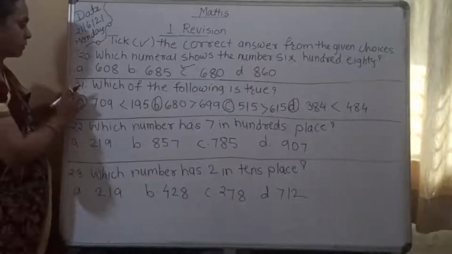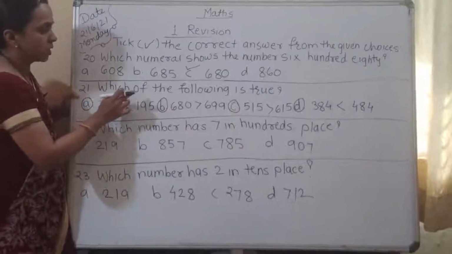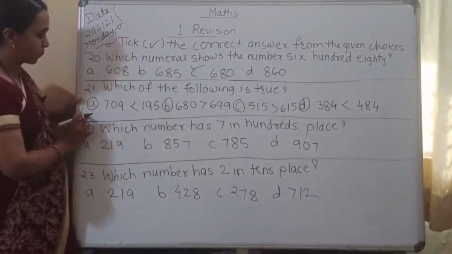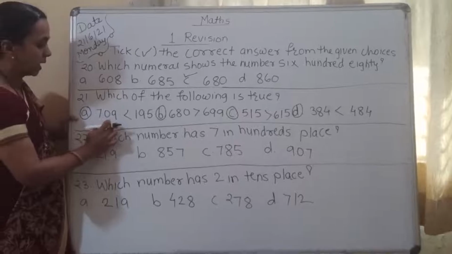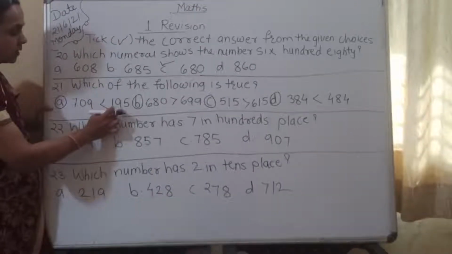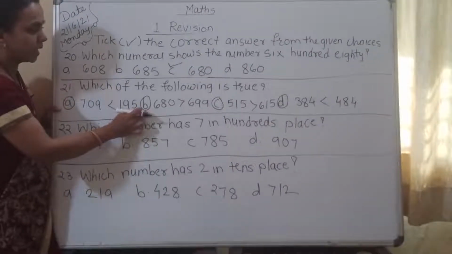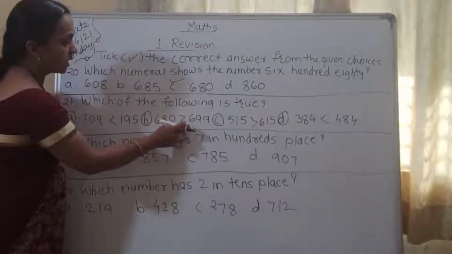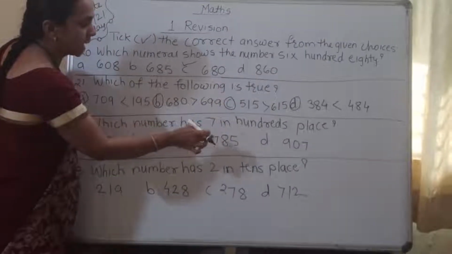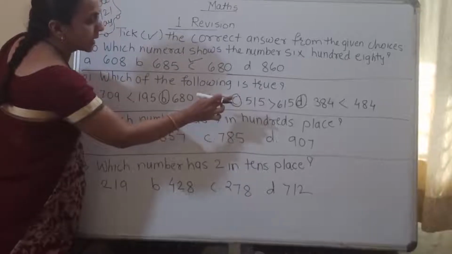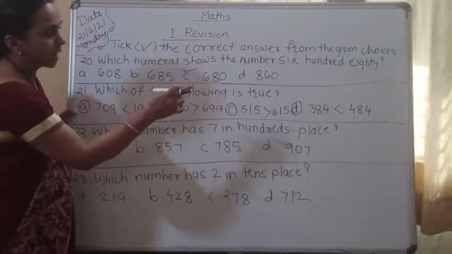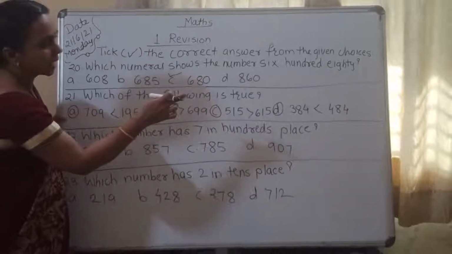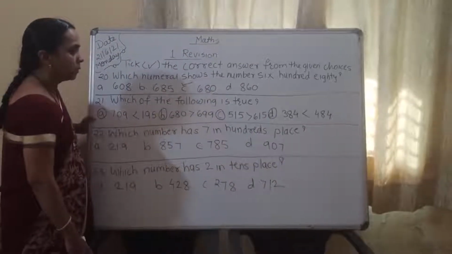Okay, now see 21st question. Which of the following is true? The options are: A, 709 less than 195; B, 680 greater than 699; C, 515 greater than 615; D, 384 less than 484.